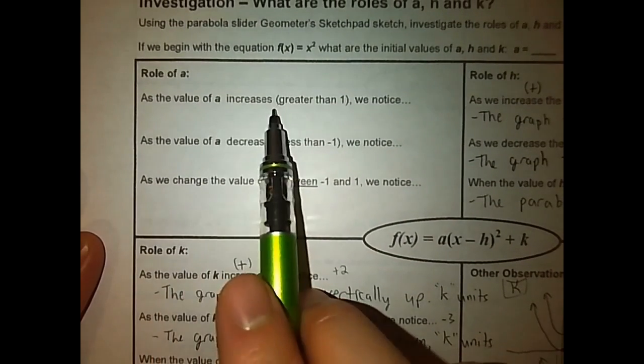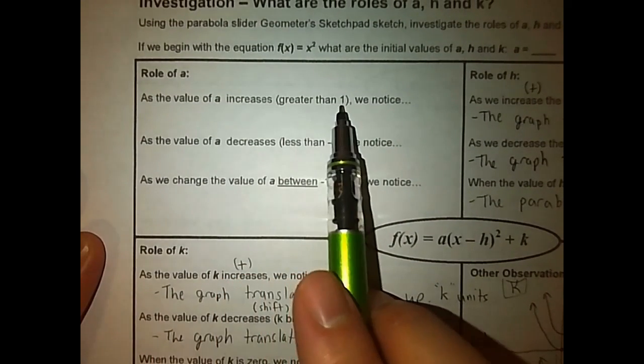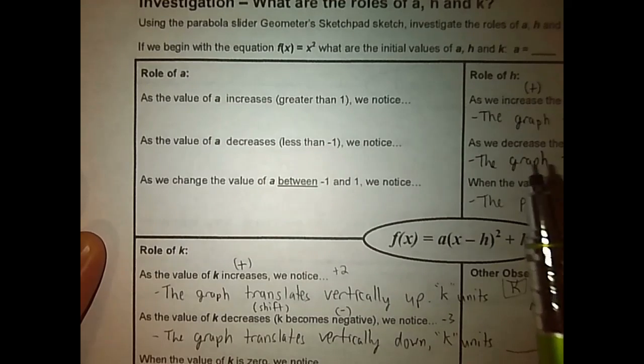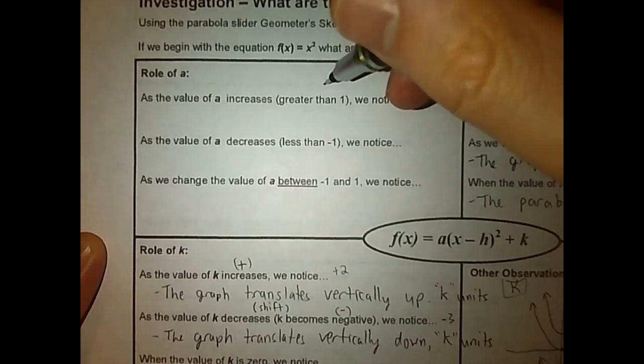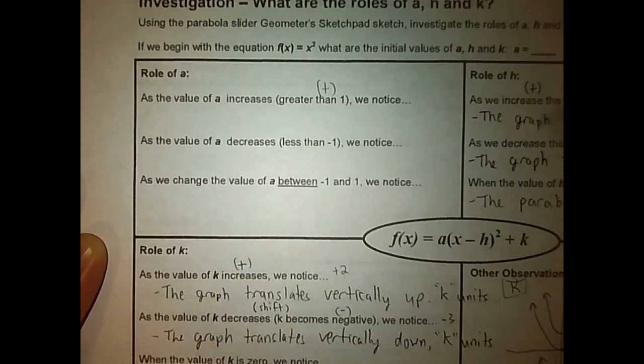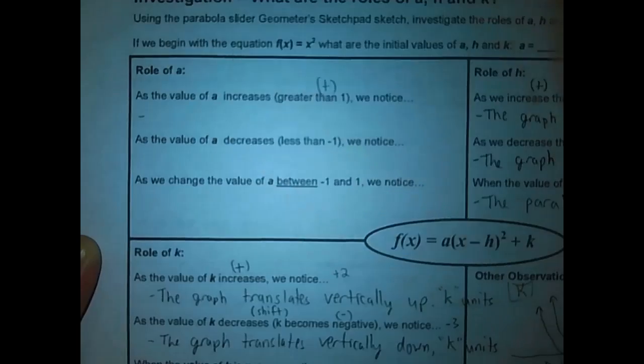As the value increases, where A is greater than 1, we notice, first off, greater than 1 means we have a positive value. So when we have a positive value, it means the graph is going to open upwards.